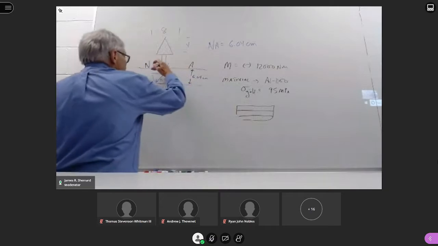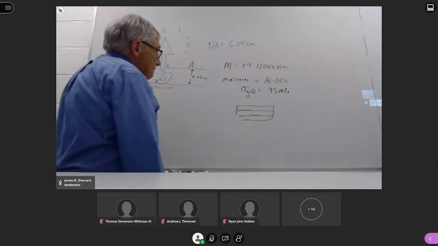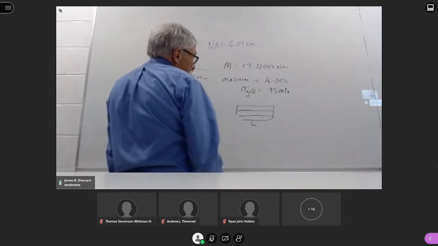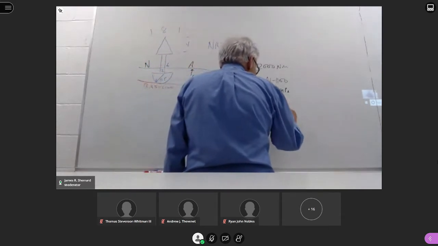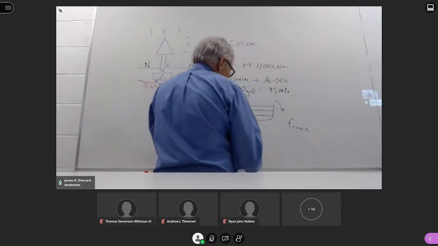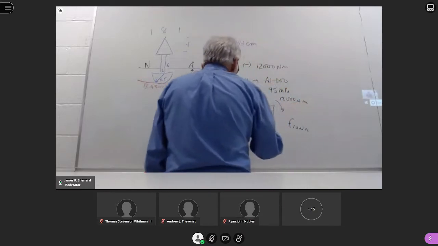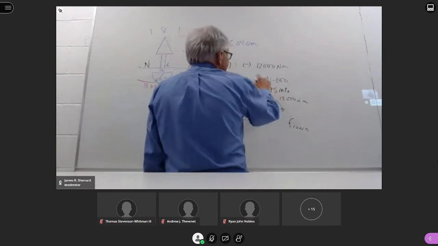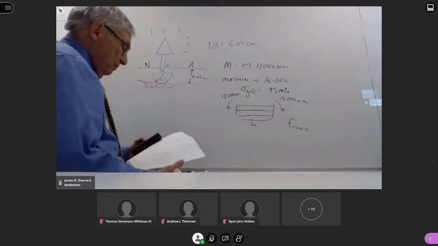So you see these two lines that correspond to those two changes, where this is the length of the member, and we're applying a negative moment, which means the moment wants to make it frown. We know the value of that is 12,000 Newton meters. And notice we do not put the minus sign here because we're letting the vector show that it is minus.